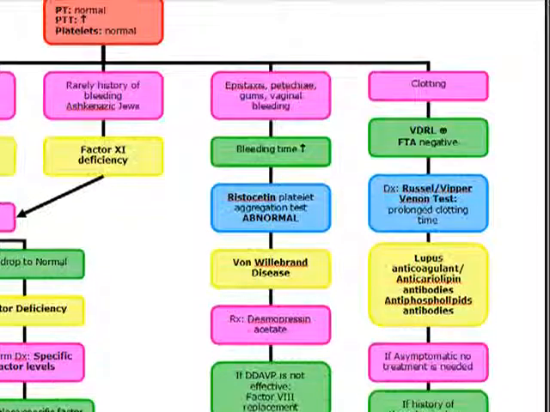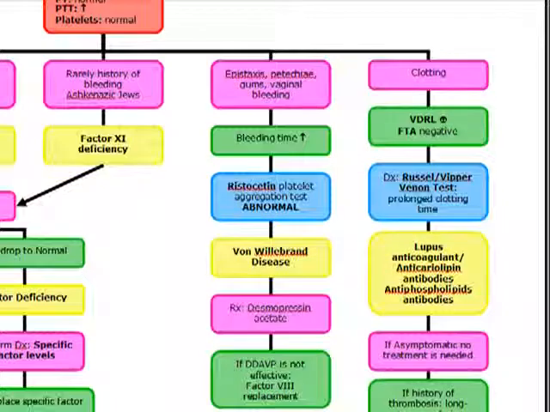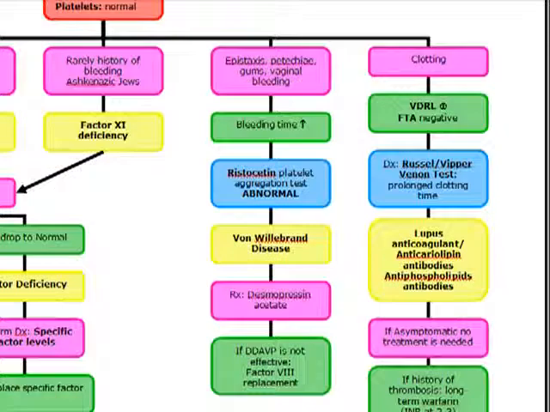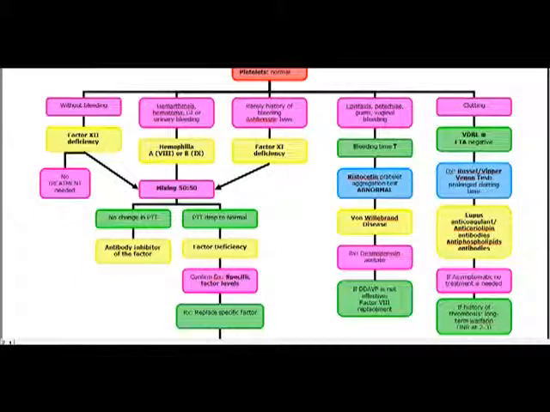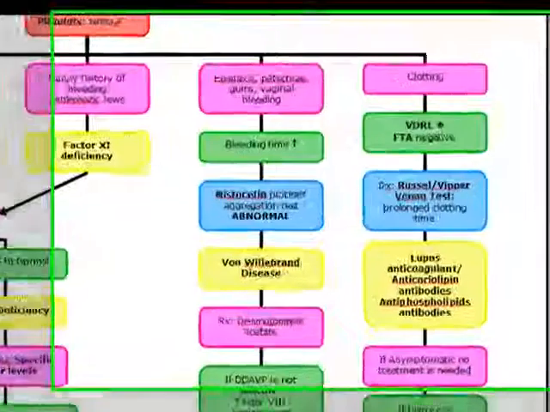A clotting deficiency, PT normal, PTT increased with platelets that are normal. If it's a clotting deficiency and it's VDRL positive and FTA-ABS fluorescent antibody negative, I want you to think of the lupus anticoagulant, anticardiolipin antibodies, antiphospholipid antibodies, and I want you to diagnose this with a Russell viper venom test, okay?